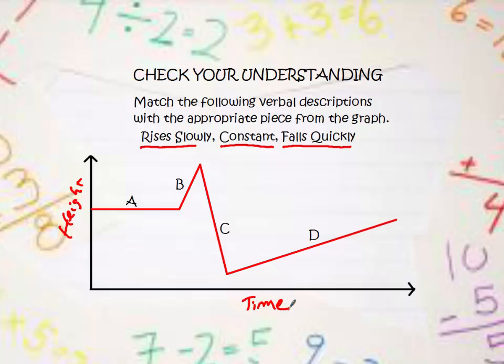So our two variables are height and time, and then just determine which sections, A, B, C, or D, have the following descriptions: rising slowly, stays constant, and falls quickly. Just label those in your notes and bring them in next class. We'll see you then.